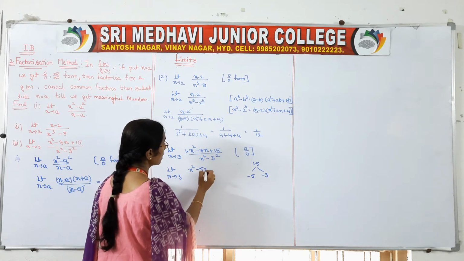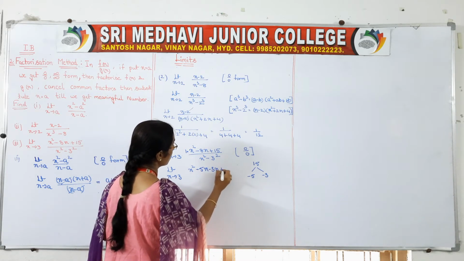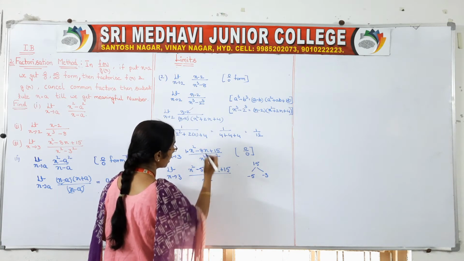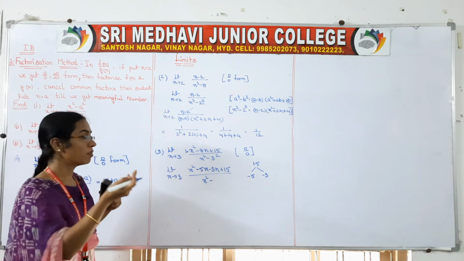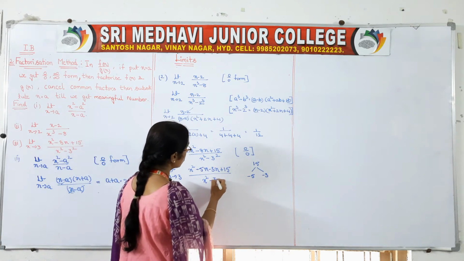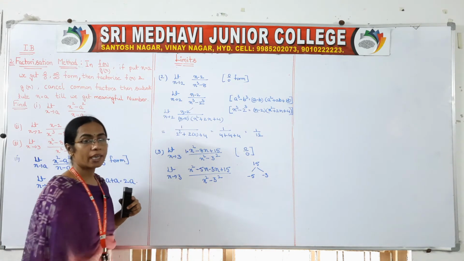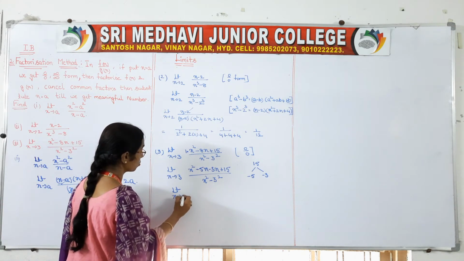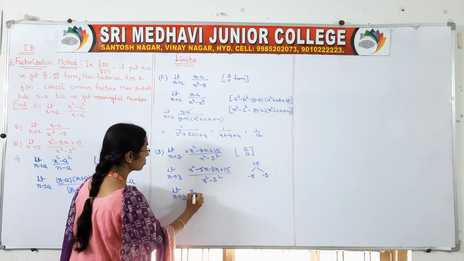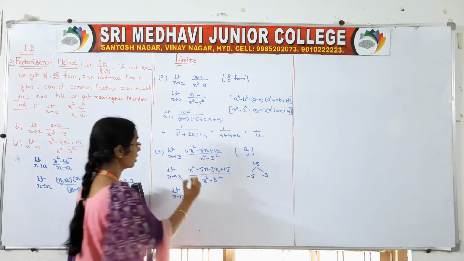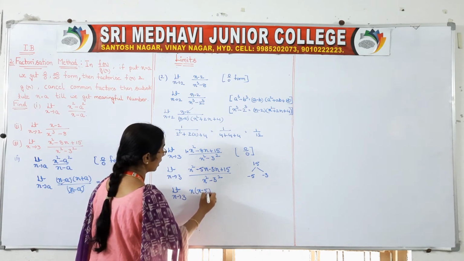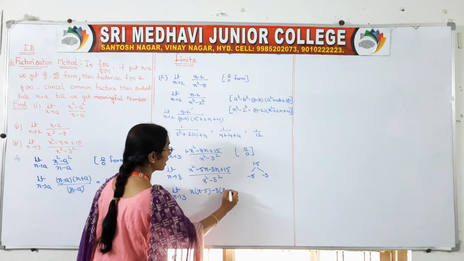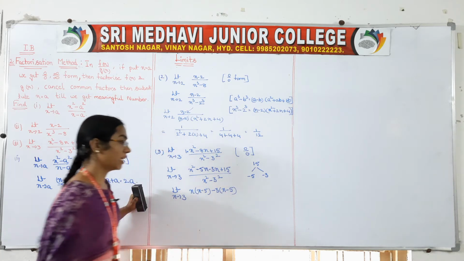So minus 5x minus 3x plus 15, and the denominator can be written as x square minus 9. Already it is in the form of a square minus b square. So in the next step, a plus b into a minus b you can write. So limit x tends to 3. From these two values you can take x outside, so it is x minus 5. From these two values you can take minus 3 outside, so that again we will get this x minus 5.